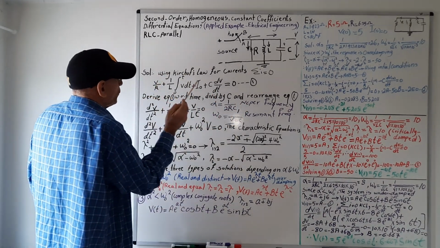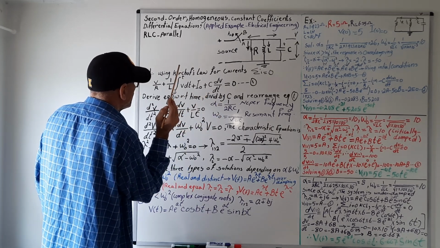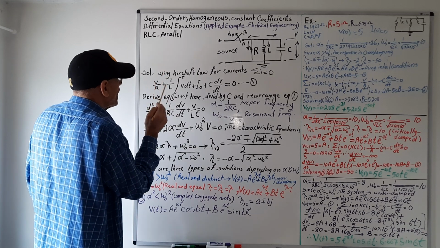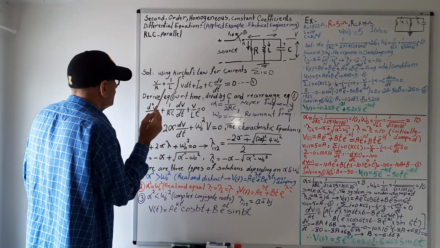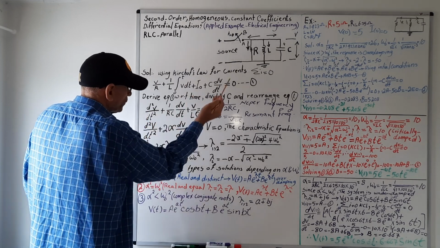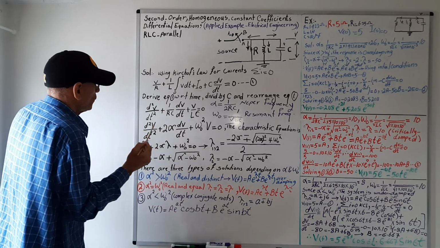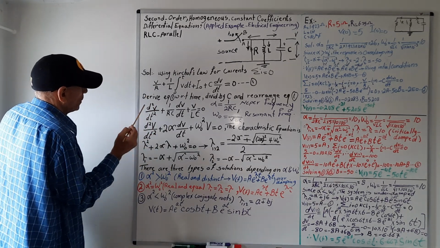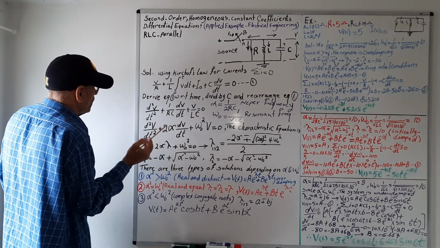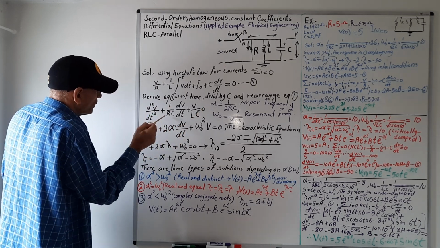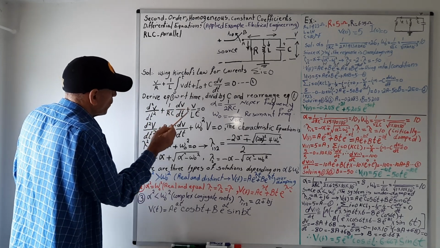So we divide this equation by C and differentiate it again with respect to time t. We got this, and we rearrange the equation. We got this differential equation, which is second order homogeneous, because the right hand side is 0, and with constant coefficients. 1 over RC is constant, also 1 over LC.